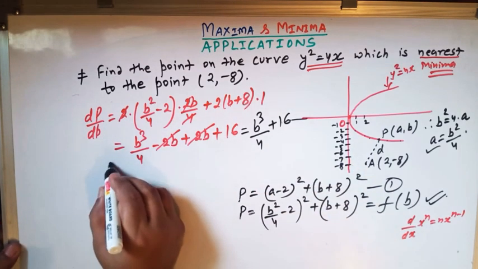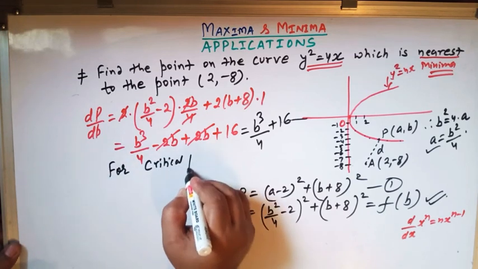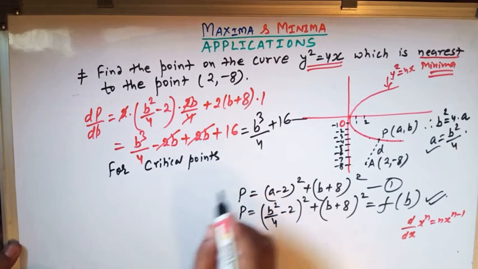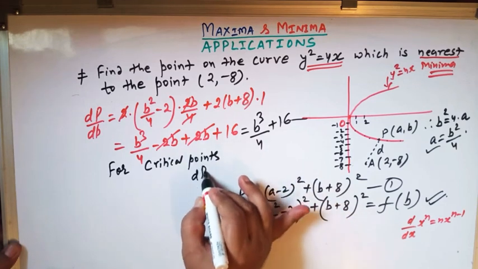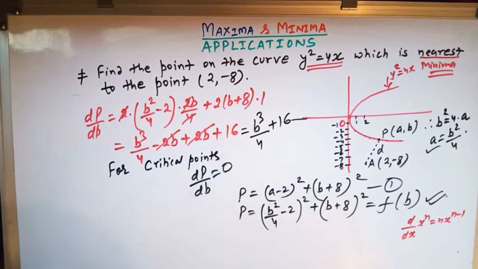Now for critical points or turning points, we must have dp by db equal to 0. Clear?